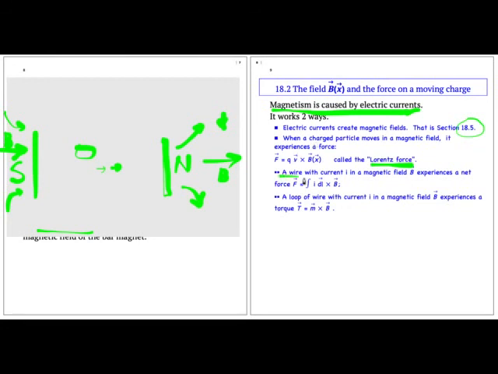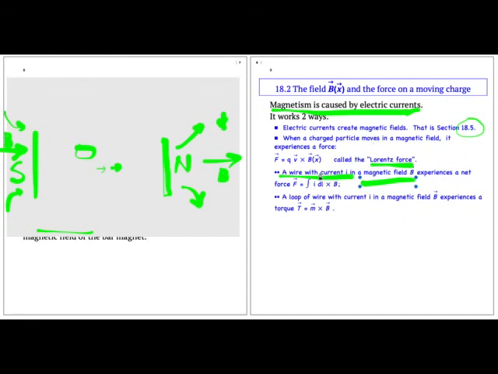Consider a wire with current I in a magnetic field. You know, current is just moving charge. So this is the force on a single moving charge. But suppose you have many moving charges making a current in a wire. We saw in the last week how electric current comes from the motion of charge.